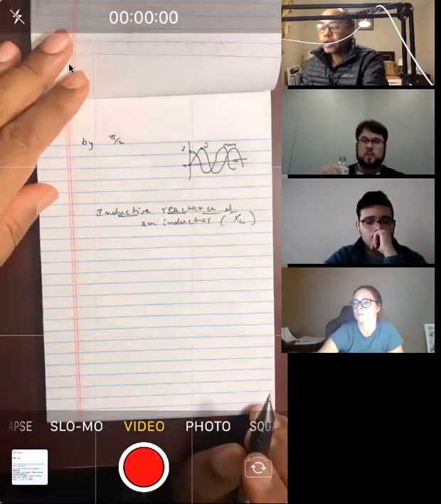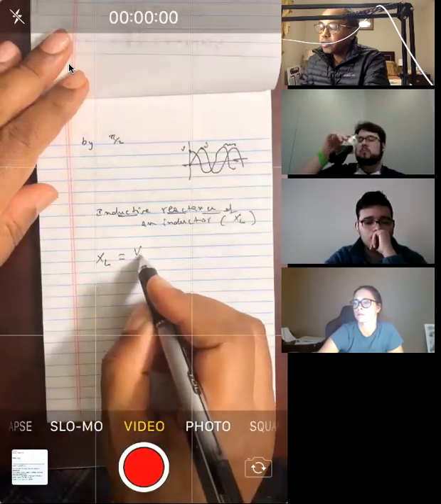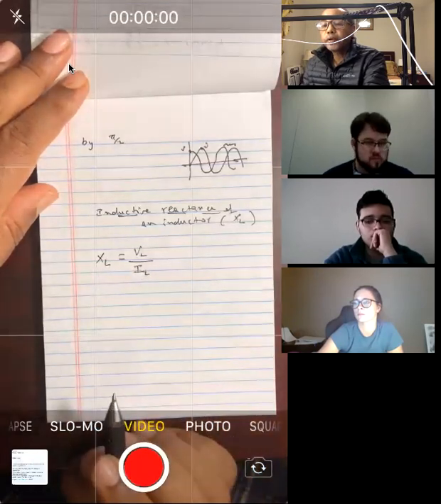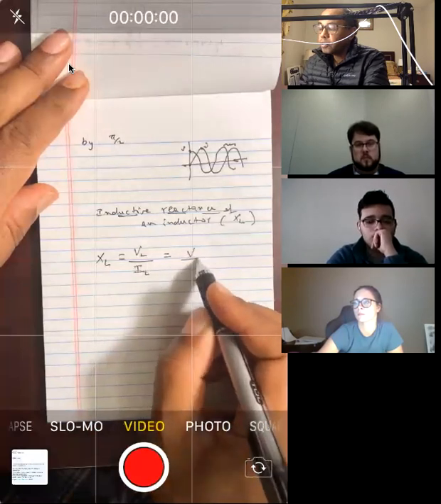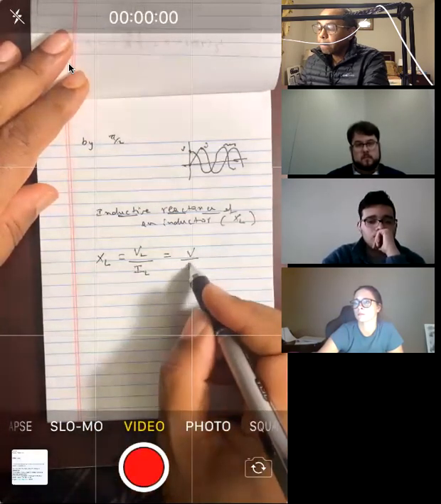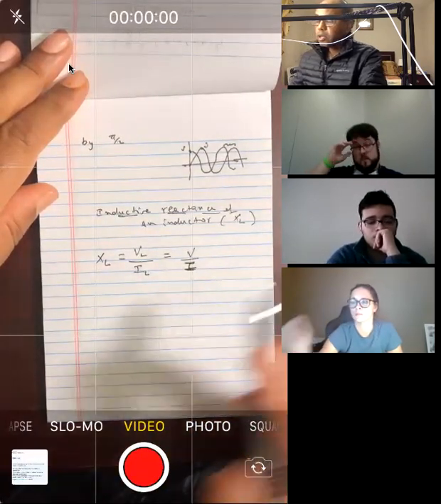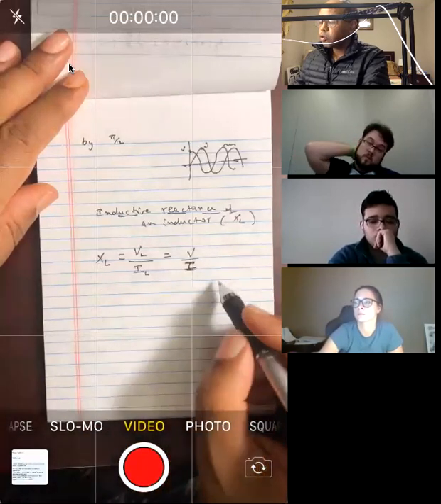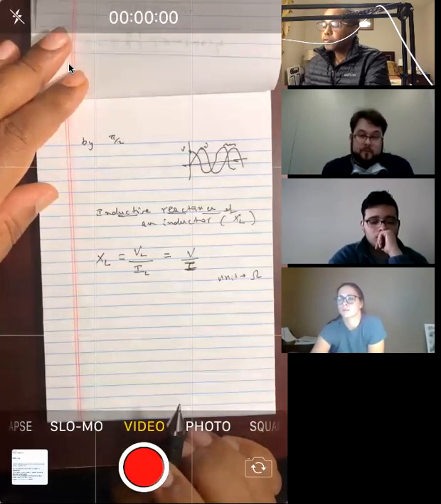XL is defined to be the voltage across the inductor divided by the current across the inductor. Since we have only an inductor, we can just say this is V of L over I, the voltage divided by the current, the basic resistance. As you can see, the unit of this inductive reactance is also ohm, because it is voltage divided by current, just like the unit of resistance.